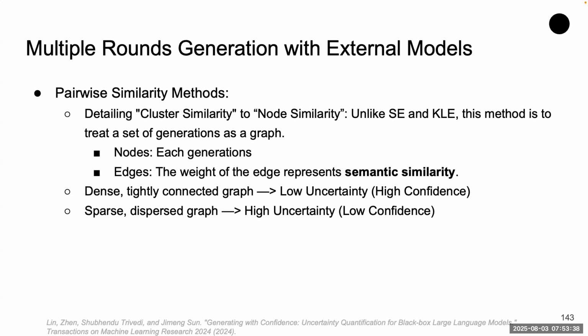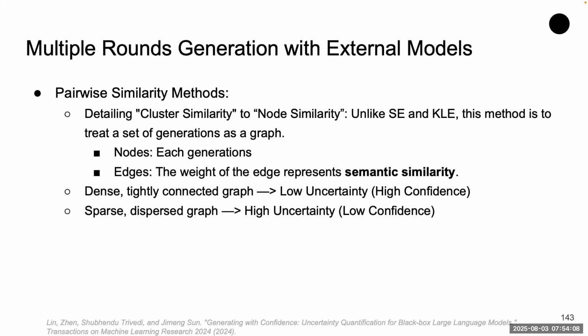we can think of this as a graph. Each answer is a node, and you want to calculate the similarities between the answers. The distances between the nodes could be considered as edges, right? So the weight of these edges represents the semantic similarity.